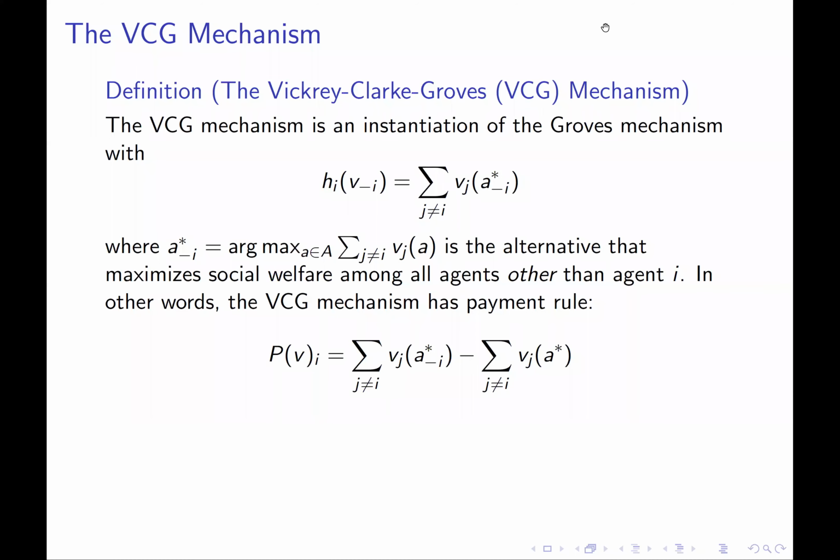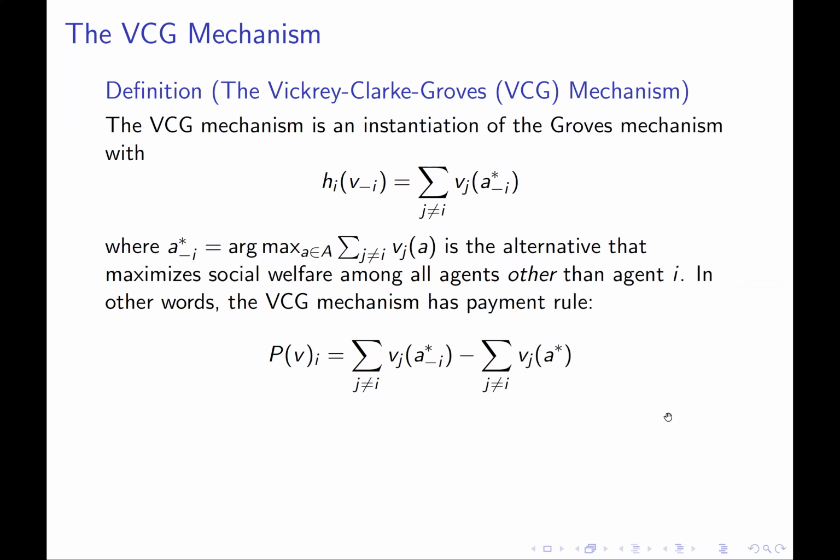Okay, so what is that choice of h? The function h that the VCG mechanism chooses is the following. It's just the sum over all of the players other than player i of their valuation for the alternative that the mechanism would have chosen had bidder i decided not to participate in the mechanism. Okay, let's parse that.